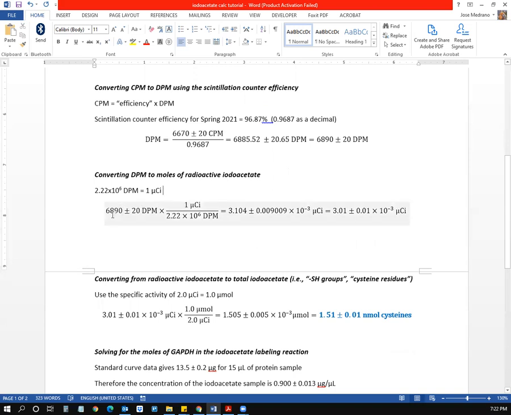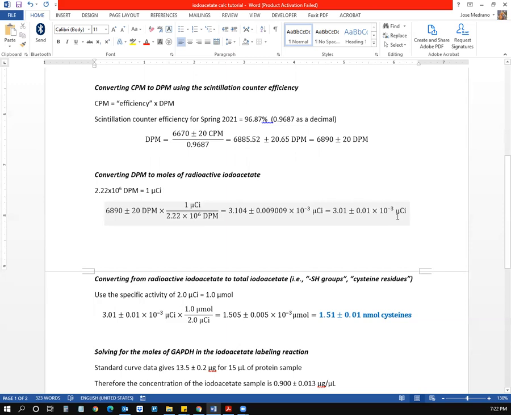So I'll take my previous answer in disintegrations per minute and multiply by this conversion factor, having 1 microcurie at the top and 2.22 times 10 to the 6 disintegrations per minute in the denominator. I then round this calculated answer off to 3.01 plus or minus 0.01 times 10 to the negative 3, sorry, microcuries.